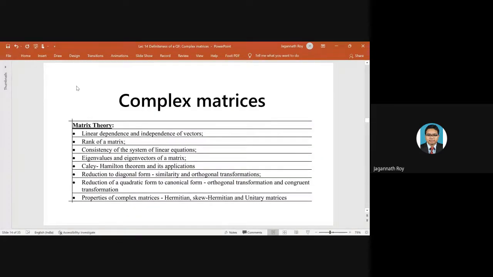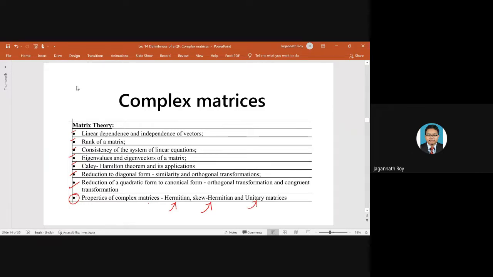So up to this we have discussed the rest, and the only topic remaining is properties of complex matrices. In fact, it is a vast chapter, but we have only three types of complex matrices: Hermitian matrix, skew Hermitian, and then unitary matrix.